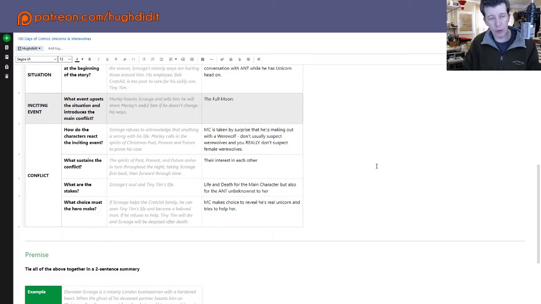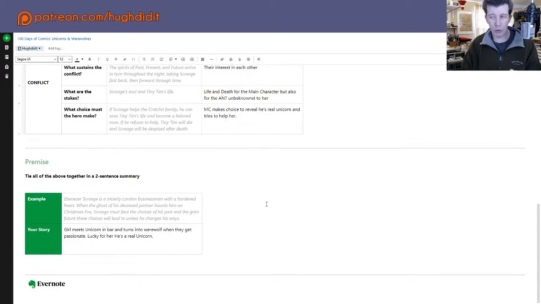The werewolf takes the main character by surprise, and then the choice that the hero makes is to help the werewolf by revealing he's a real unicorn and taking her curse away, which is what unicorns can do because they can dispel evil.